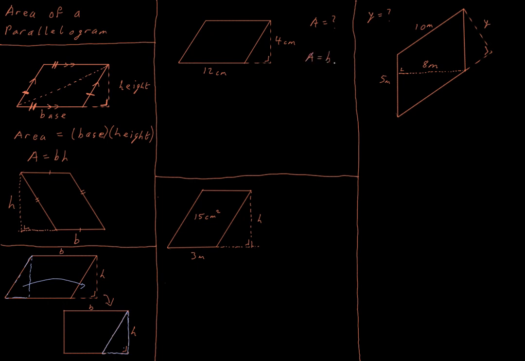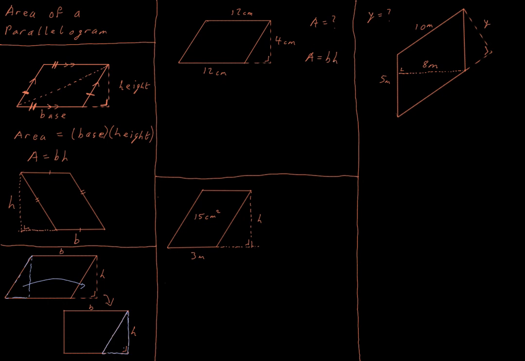So I'm going to write down my formula for the area of a parallelogram, and I'll fill in any of the lengths that I know. I know that this length must be the same as up here, so that must be 12 centimeters. I don't have an equivalent length here. I know that length there would be 4 centimeters, but it's not one of the sides. So that's all I can fill in right now.